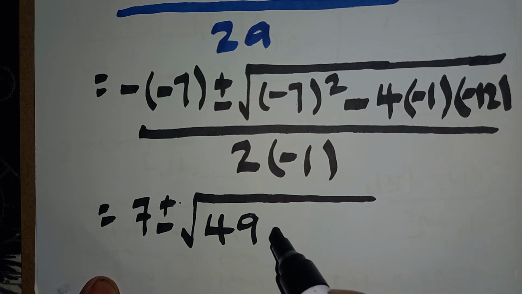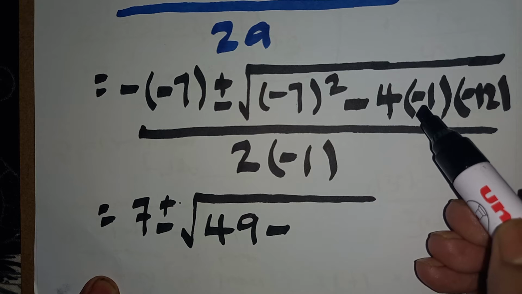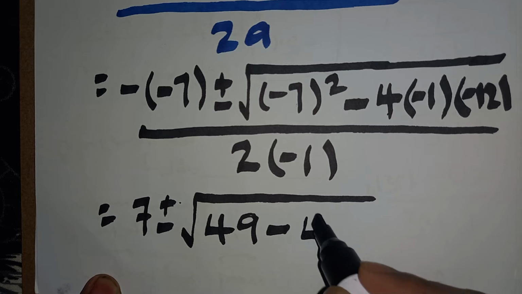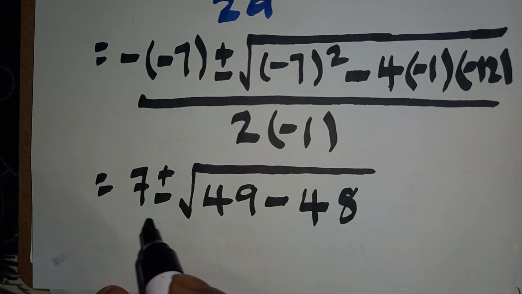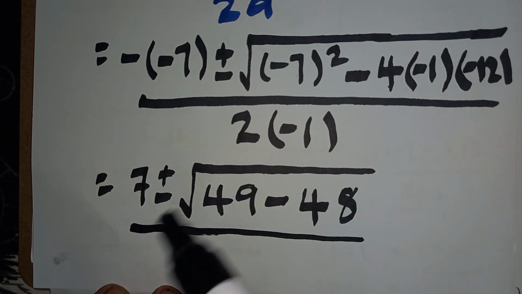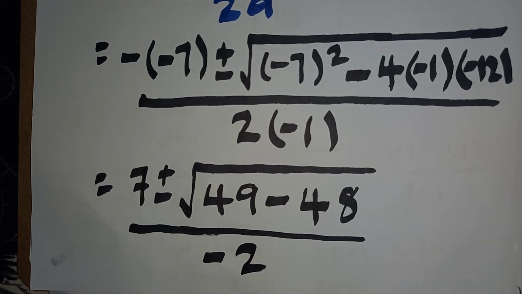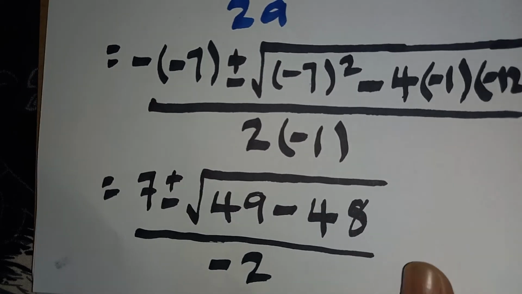and this minus sign will be there. Then we have 4 times negative 1. 4 times negative 1 is negative 4, and then negative 4 times negative 12 is positive 48. And then everything is divided by 2 times a. So 2 times negative 1 is negative 2. So we are going to continue from there, and let's see if we can evaluate.